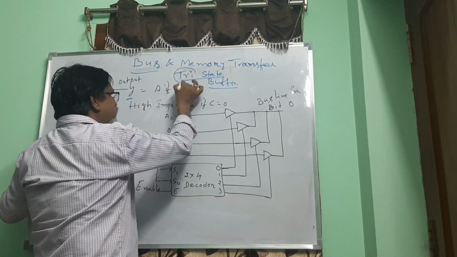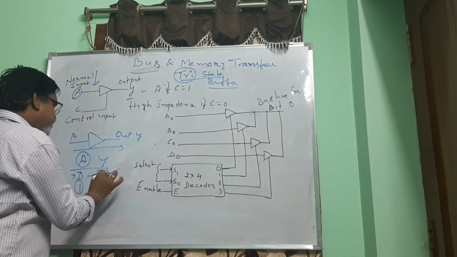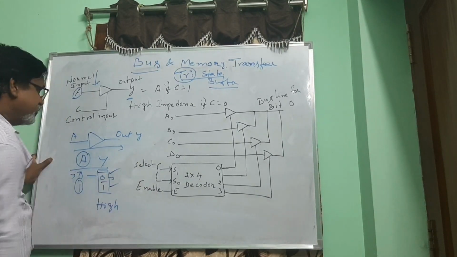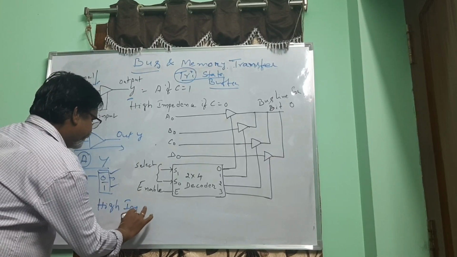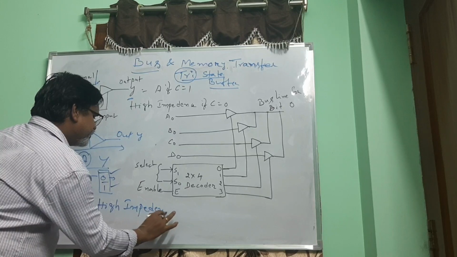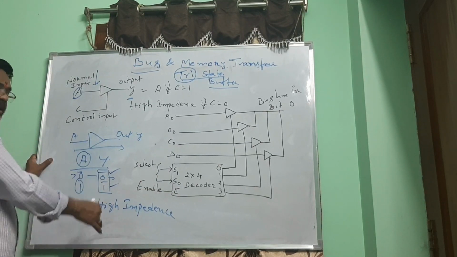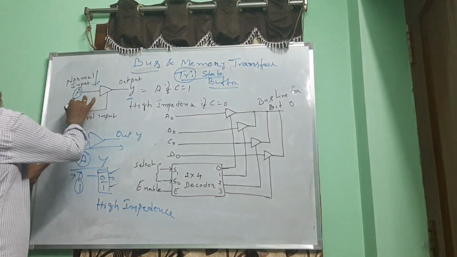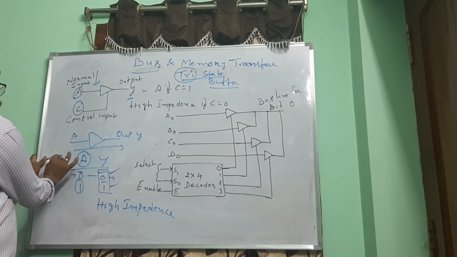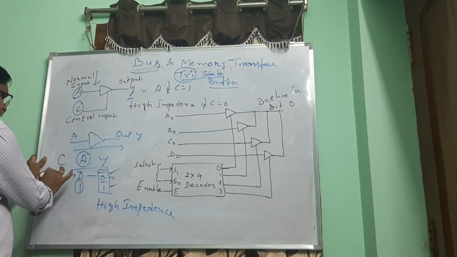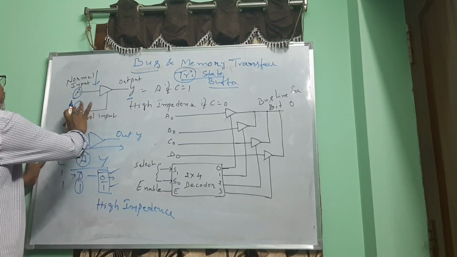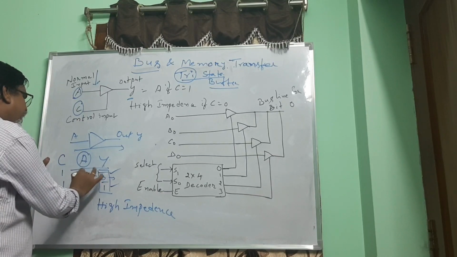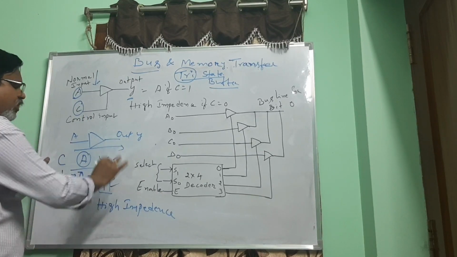But here we are using a tri-state buffer. Apart from these two states, there is one more state of output called the high impedance state. This third state of the output depends upon a control input C. If C is 1, then whatever the value of A, that will be transferred as it is as output.